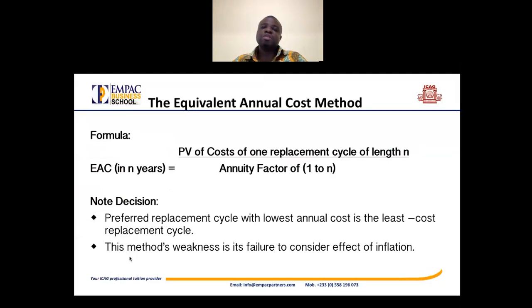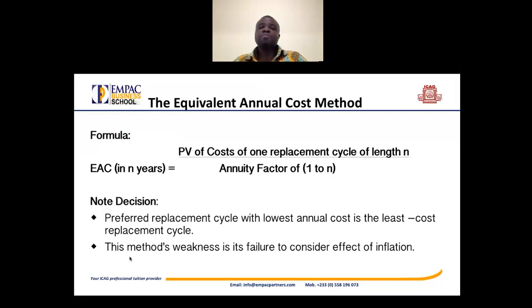So usually we have the formula as equivalent annual cost in n years or n cycle is equal to the present value of cost of one replacement cycle of length n over the annuity factor of 1 to n. This is the formula that we consider. We shall apply it to the question so that you know how it works.